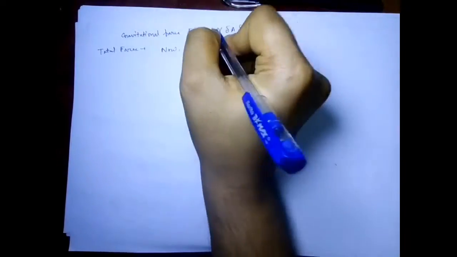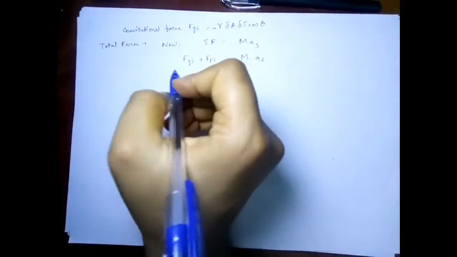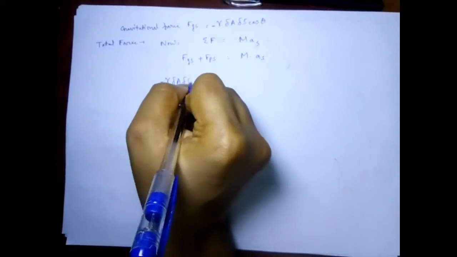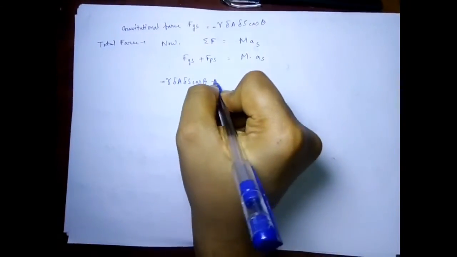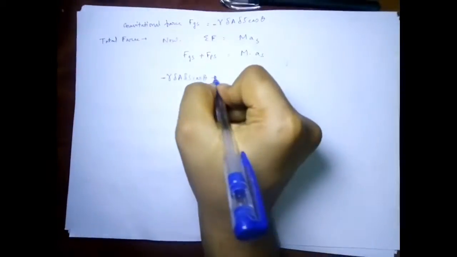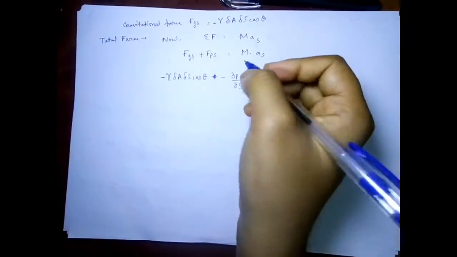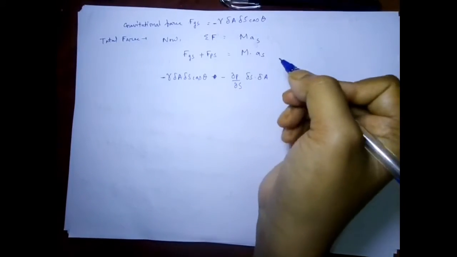I will take FGS as negative because it is acting downwards, so I write FGS as minus gamma delta A delta S cos theta, plus FPS, which is minus del P upon del S times delta S delta A.